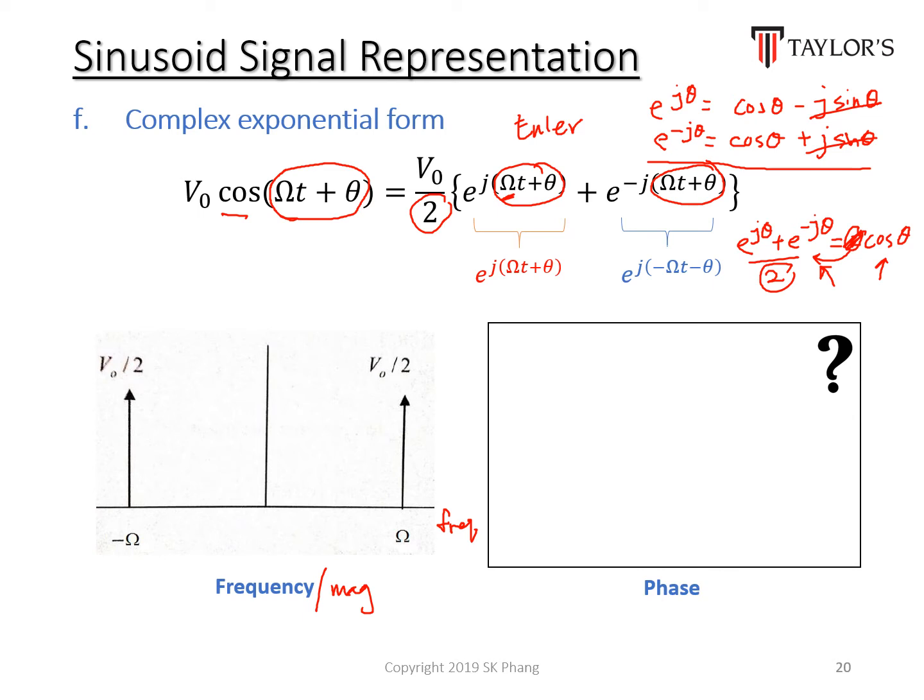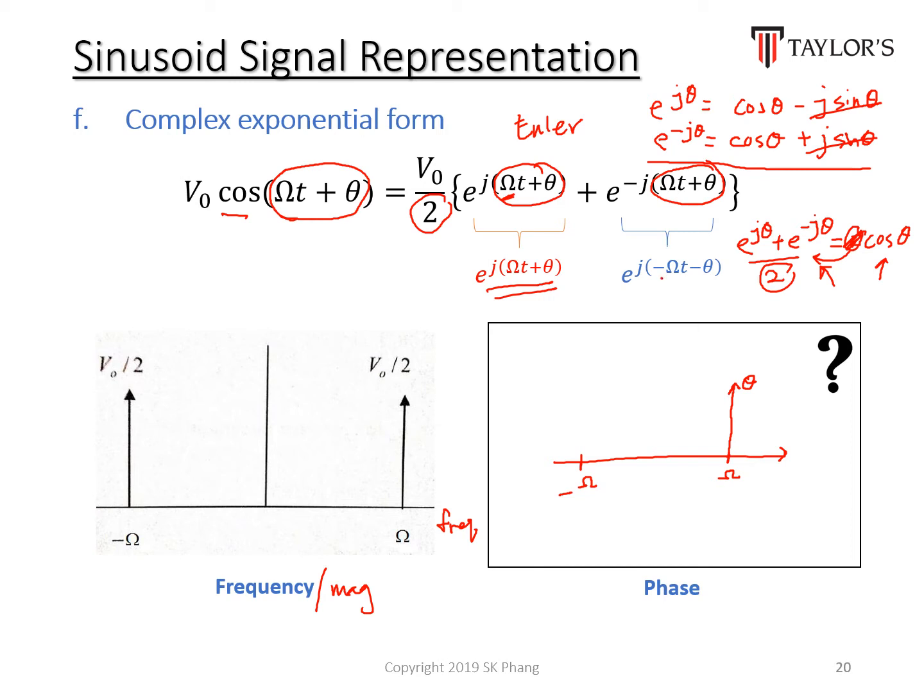If you look at how we are going to draw phase, let's say this is the phase plot. Again, because we have omega and negative omega, we have one omega and one negative omega here. During omega, you have a positive theta, so this one will be positive up to theta.